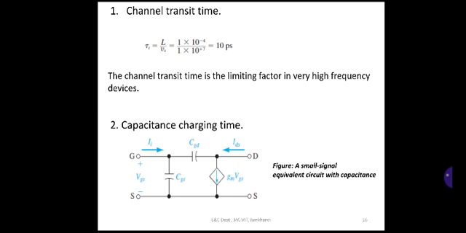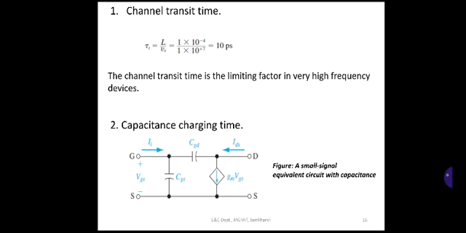Now let us consider the second one, the capacitance charging time. The figure shows a small signal equivalent circuit with capacitance.